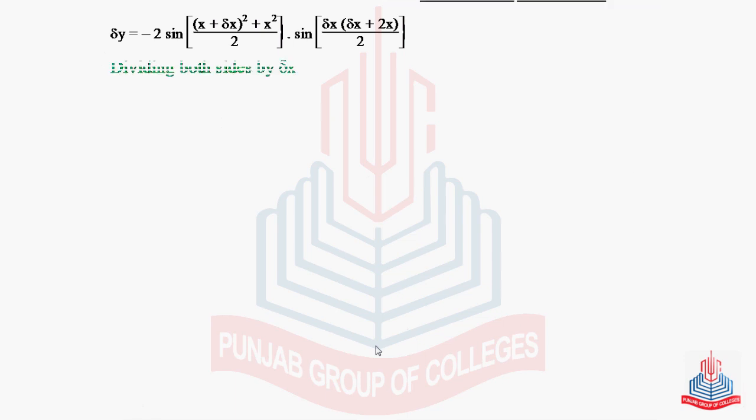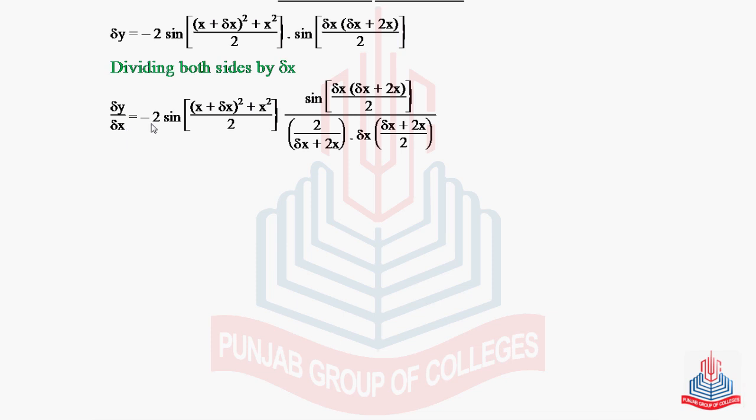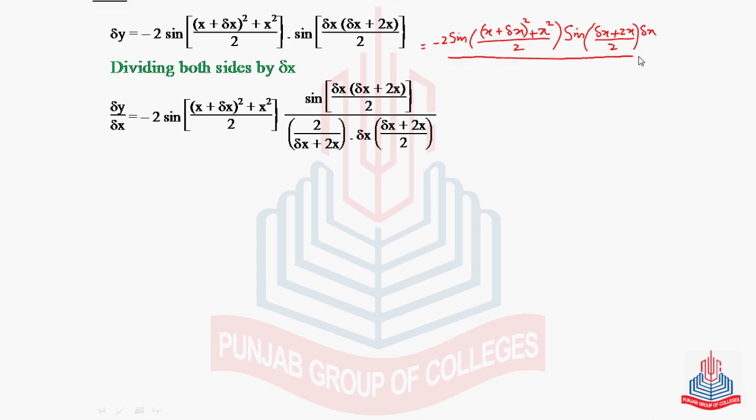So dividing both sides by delta x, that will become delta y by delta x equals minus 2 sine of x plus delta x whole square plus x square divided by 2, and this is actually first of the form like this: minus 2 sine of x plus delta x whole square plus x square divided by 2, times sine of delta x plus 2x divided by 2, and whole divided by delta x.